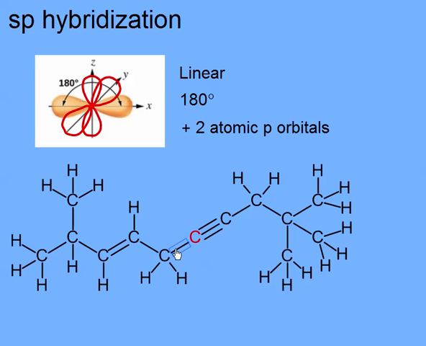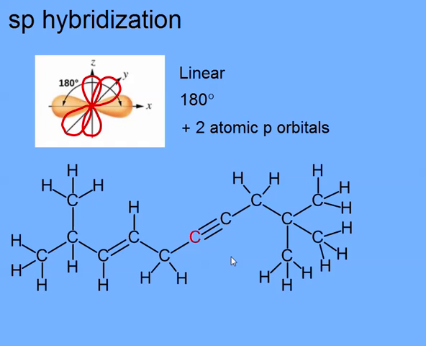A sigma bond there uses one of the hybrid orbitals, and then for the other carbon-to-carbon bond, another sigma bond, one of the 3 lines, and then the other 2 lines are using the atomic orbitals, one of them above and below the plane, and one of them to the left and right of the plane.